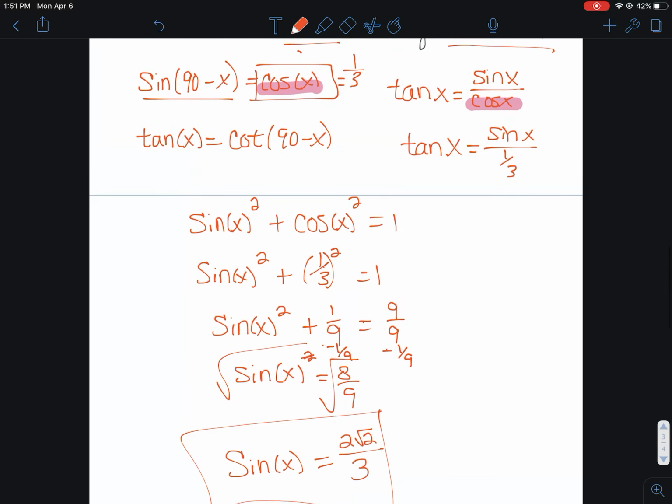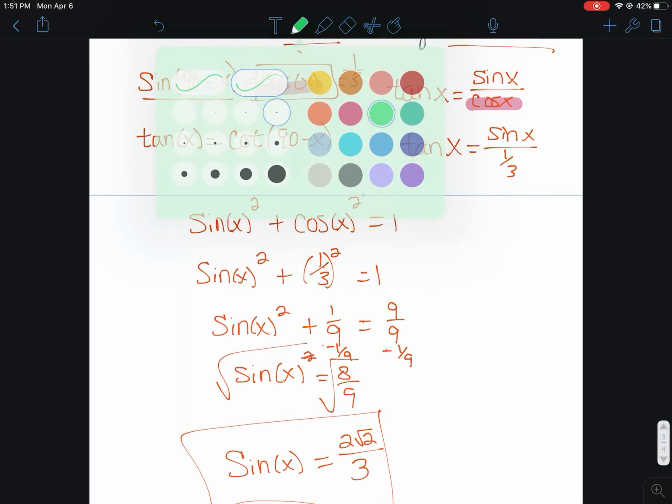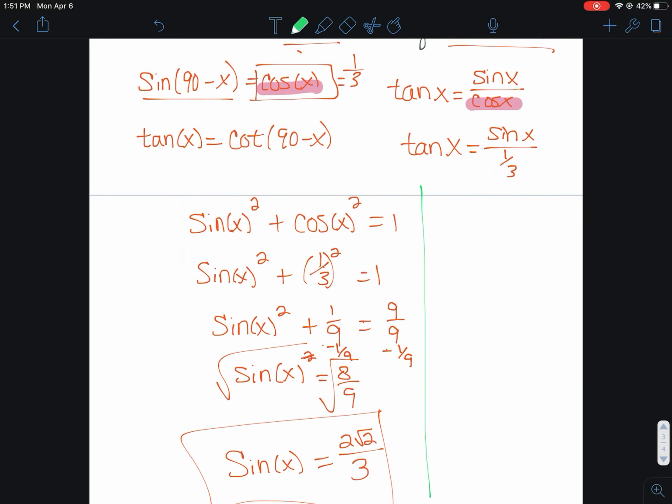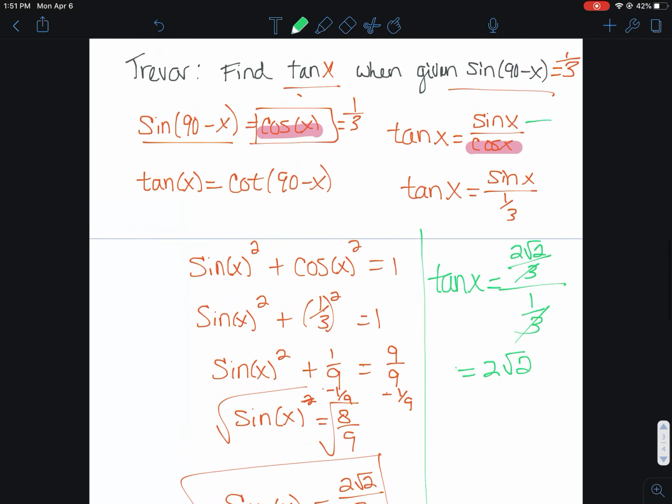So there we have the sine. And then if I wanted to find tangent of x, we would have the sine, which is 2 square roots of 2 over 3 divided by 1/3. That's what we had as the cosine. The denominators of 3 cancel out, so we just get 2 square roots of 2, right?